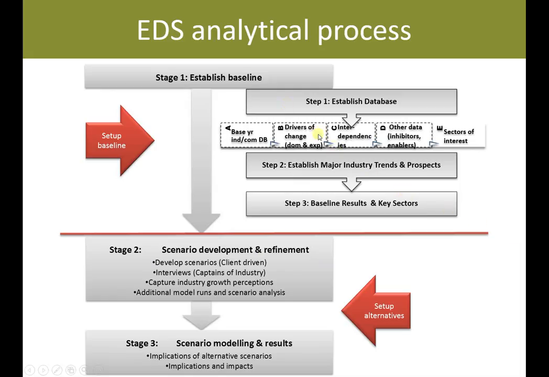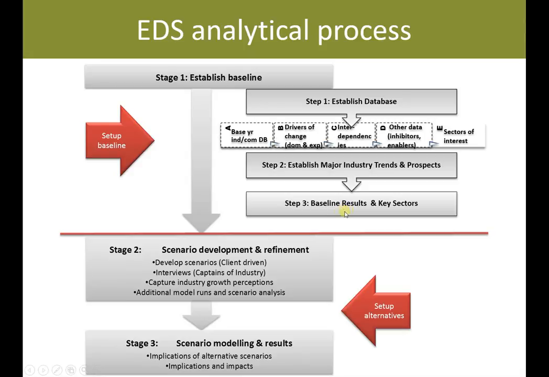Looking at the process that we're going to go through to change the economic development strategy, it's presented here. The EYES economic model contains a default baseline which we have forecast in final demand, as I've said earlier. So what we're going to do is extract that baseline from EYES. Then we are going to establish the major industry trends and prospects, and that has come from the Auckland Council's policy work in economic development already.